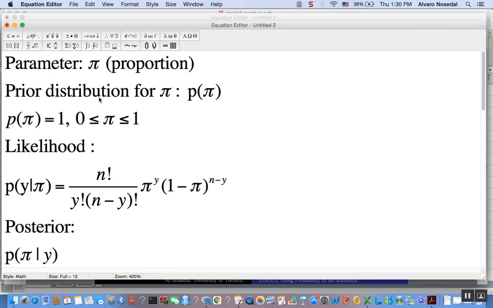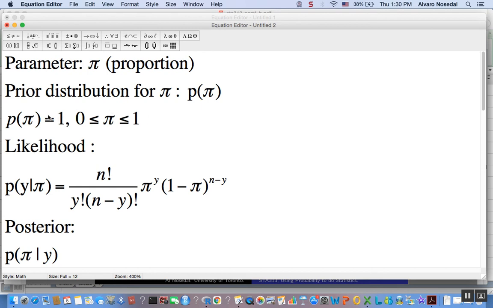The new idea, the extension that we discussed here, is that our prior distribution now includes not a finite number of possible values for the parameter of interest, but values over an interval.